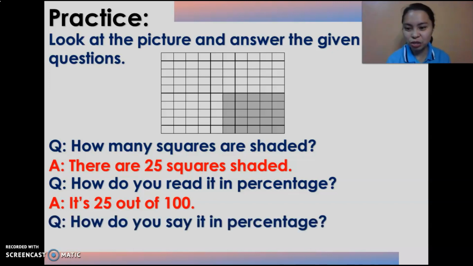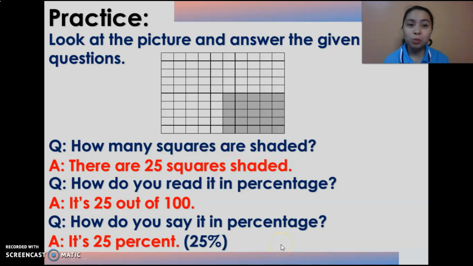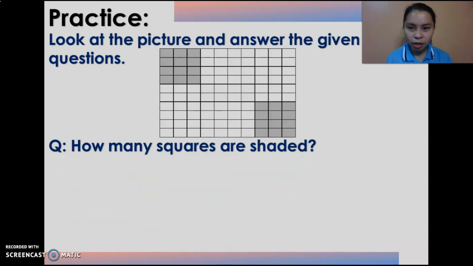And the last question, how do you say it in percentage? That would be, it's 25%. And very good.